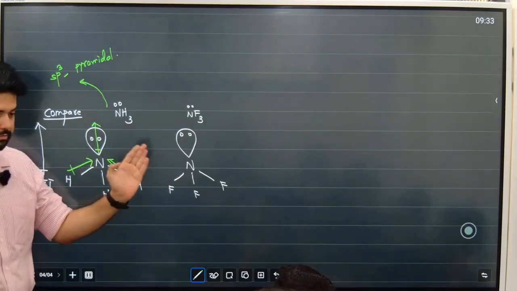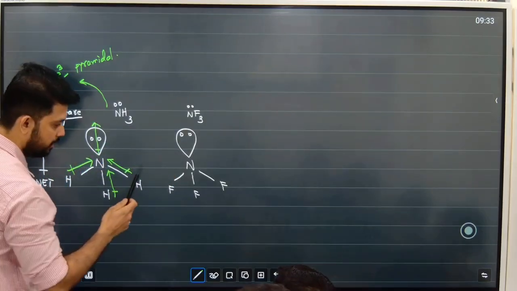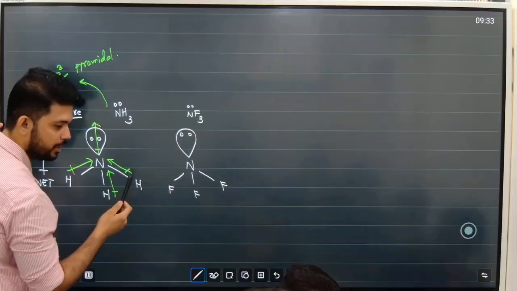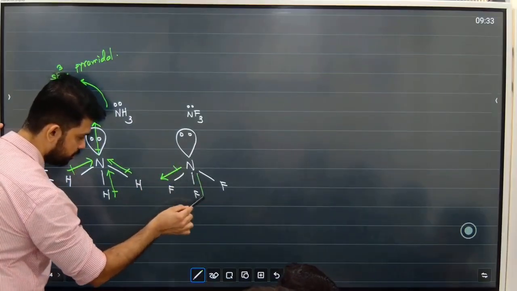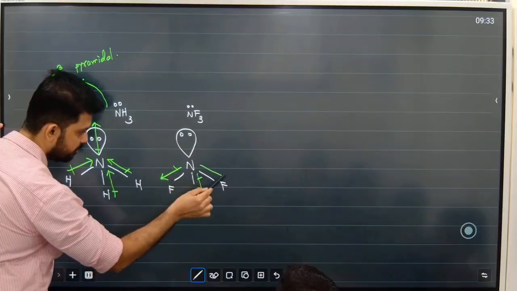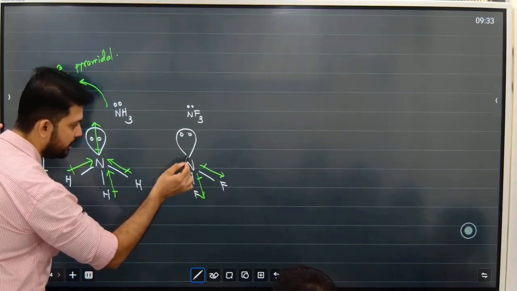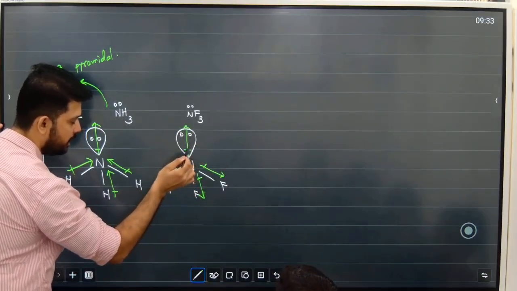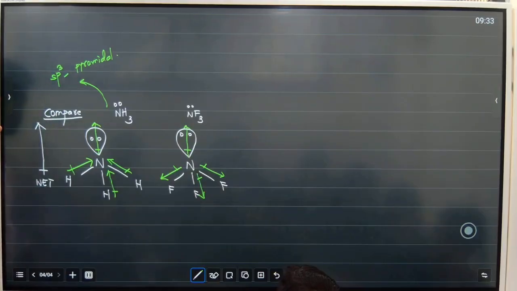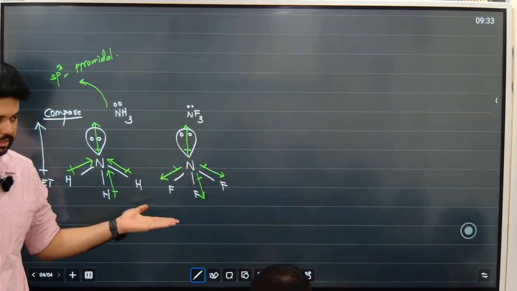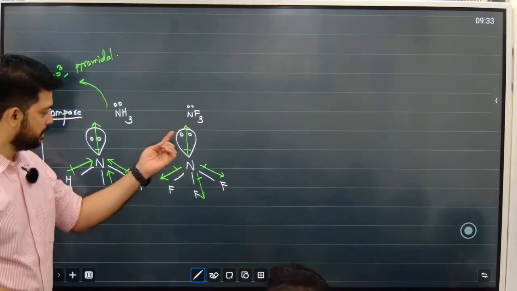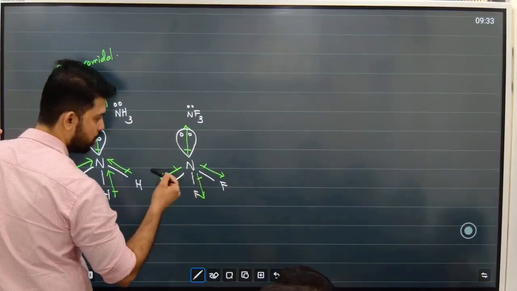But what about in NF₃? Fluorine and nitrogen, who's more electronegative? Fluorine. And the lone pair's dipole will be in the direction of the lone pair. So what's happening here? There are 3 dipoles pointing in the opposite direction and 1 in the other. However, the lone pair's dipole is actually stronger than the 3.